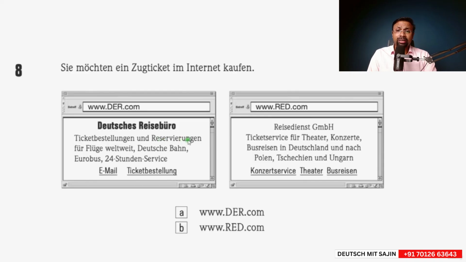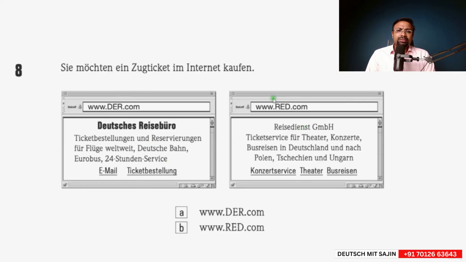Und Reservierungen, and reservations for flights worldwide. Deutsche Bahn, this is the German railroads, Eurobus, 24-hour service, email, and then again ticket ordering. So this is the first one.